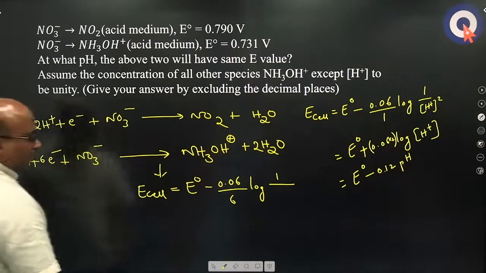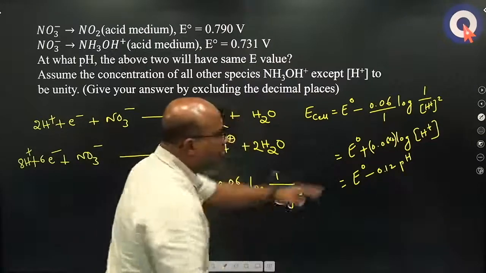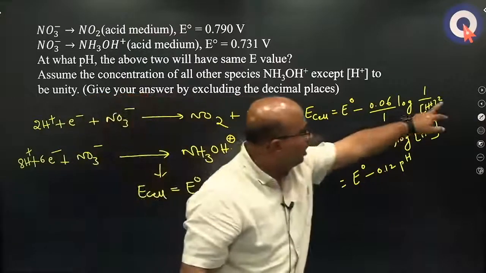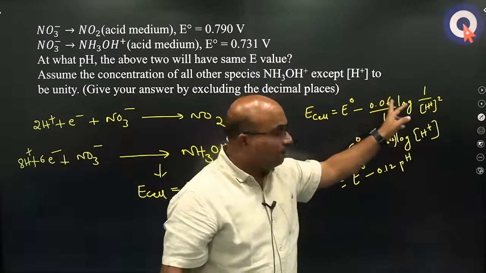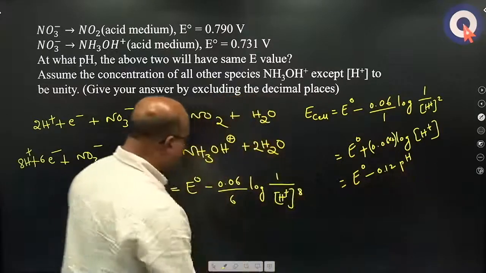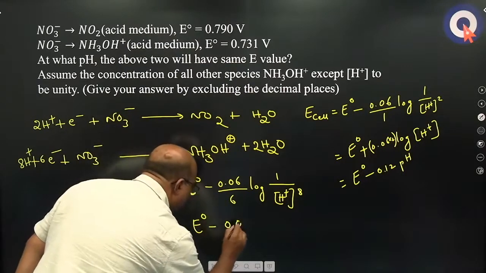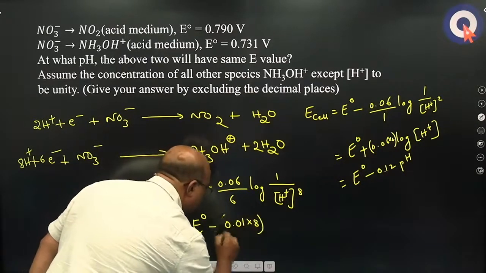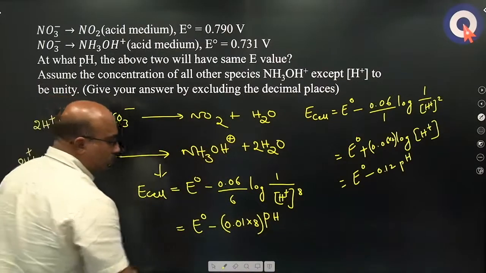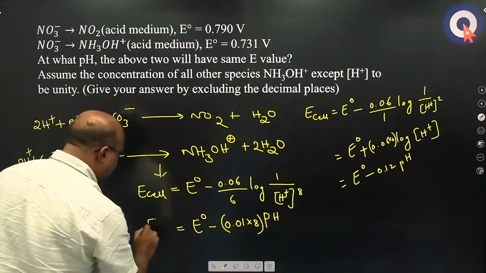So this is nothing but H plus to the power of 8 here. So if you simplify like that, what we get is this 2 coming here, becoming like 2 times 0.12 pH only directly. So what I can write is E naught of cell minus 0.01 into 8 pH. So this is 0.08, this is E naught of the cell, this is E cell.